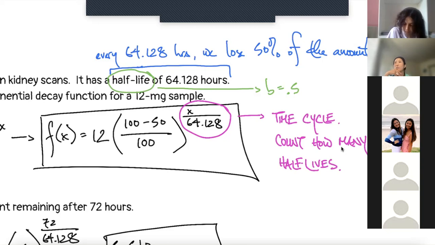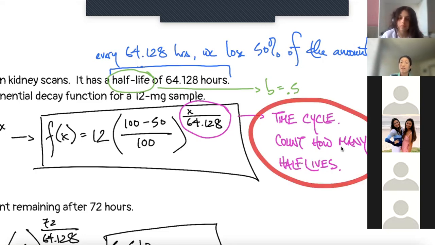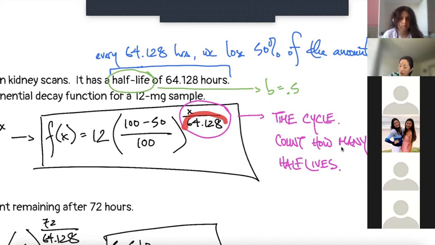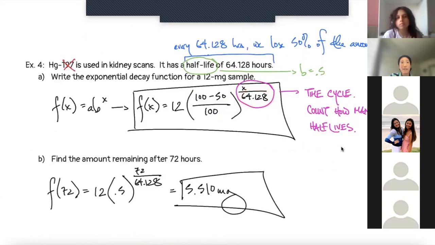When we think back to our questions earlier, if you have one half-life, you would end up with 6 milligrams, 2 half-lives, 3 milligrams, 3 half-lives, 1.5 milligrams. We got that number by saying everything in the exponent is counting half-lives. And so we need to divide by the hours, so it'll tell us how many half-lives we have, if that makes sense.